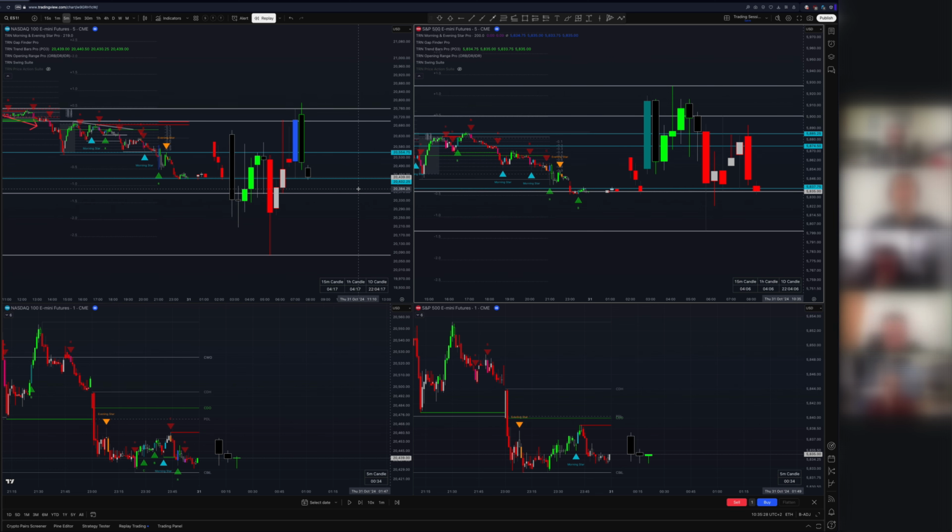The sweep of the lows of the blue candle on the Nasdaq has already happened, because we see these candles here building this candle here, so at least a sweep of this afterward. That has already happened, yes. What else do you expect for the day?